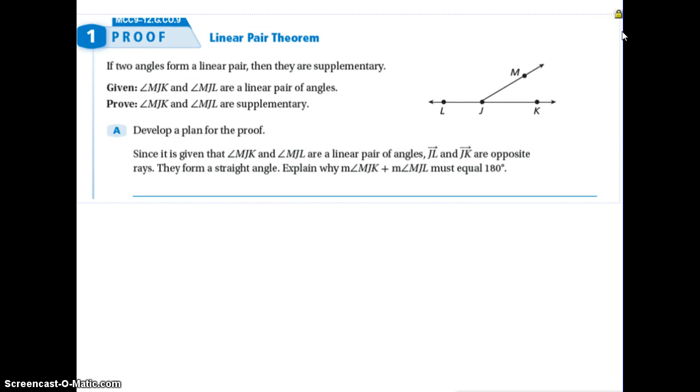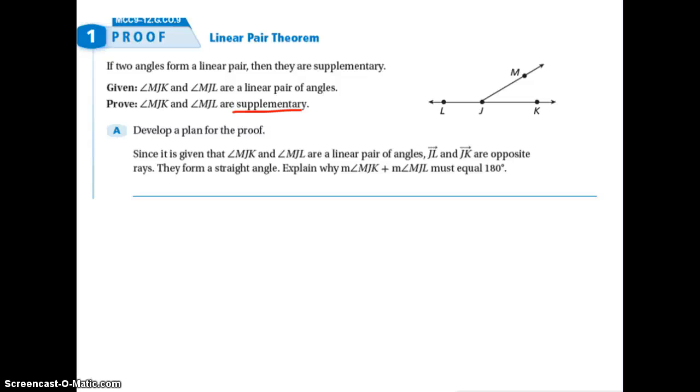Alright, so here we have a linear pair theorem. We need to prove that these two angles will add to 180 degrees, because that is the definition of supplementary. So instead of actually doing the full proof, we are just going to develop a plan, and then in part B we will do the proof. So we are given that MJK and MJL are a linear pair of angles.